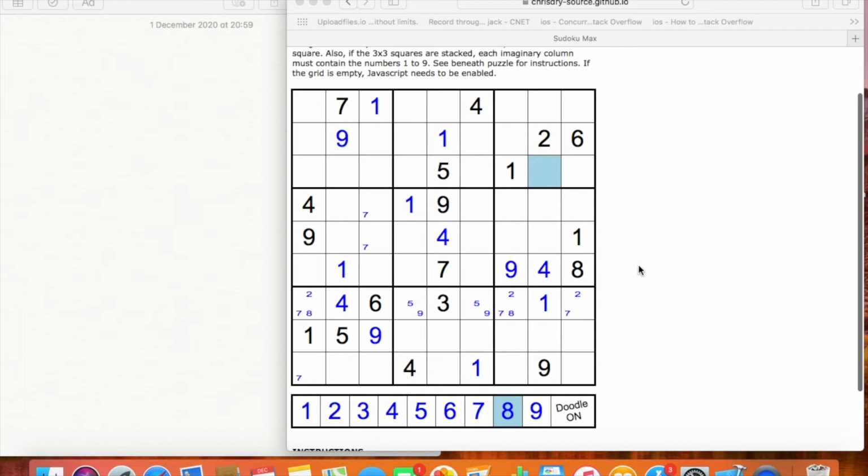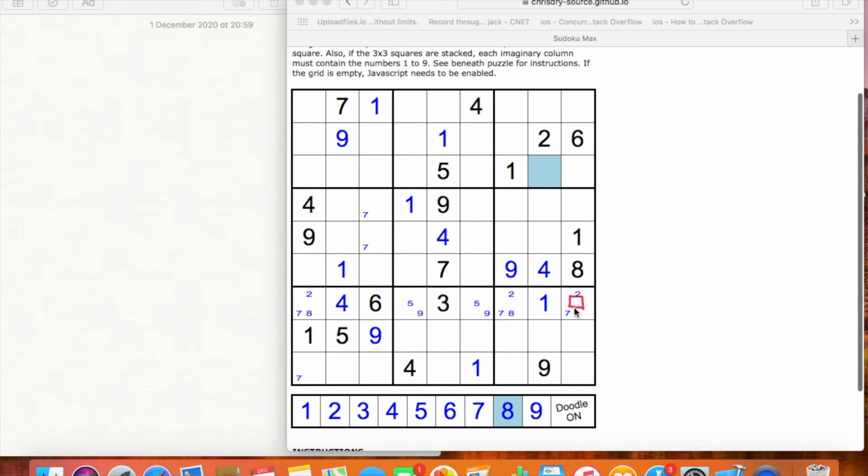Now we come to probably the hardest piece of logic in solving this puzzle so far. It revolves around whether 7 can actually go in this square here. At the moment we see that there could be a 7 or a 2, we've decided.